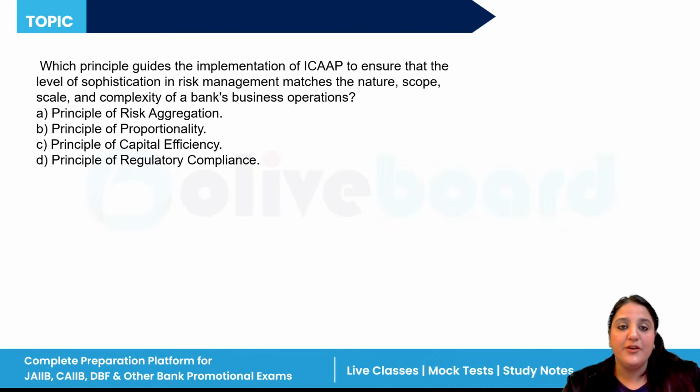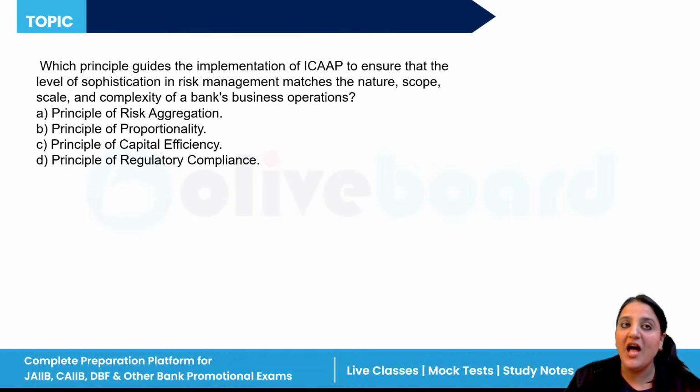Next question. Which principle guides the implementation of CAIIB to ensure that the level of sophistication in risk management matches the nature, scope, scale and complexity of a bank's business operations? This question is there in the examination. Let me tell you, it is the principle of proportionality.